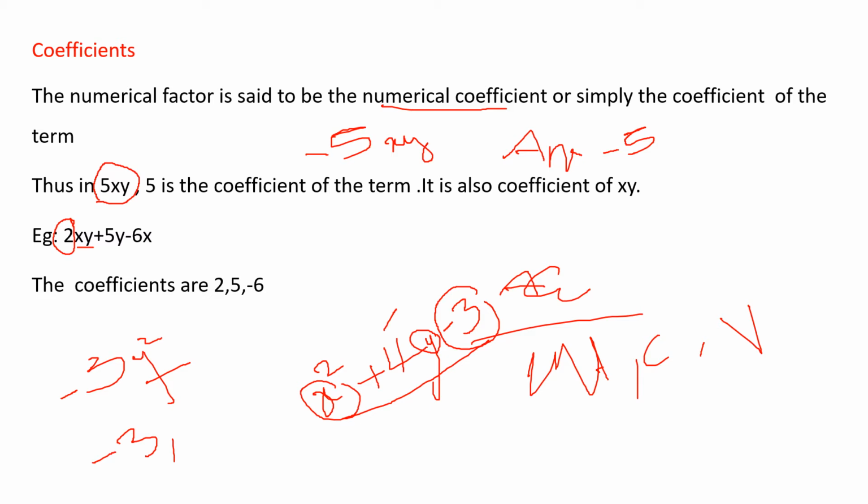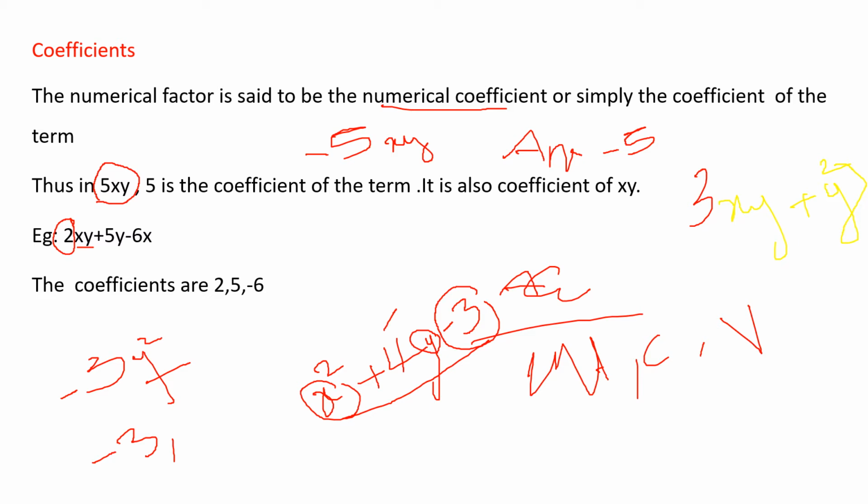So there are some problems where they will write one expression and may ask you to write the coefficient for y. I'm writing one expression: 3xy plus y square. I'm asking, write the coefficient of y square.